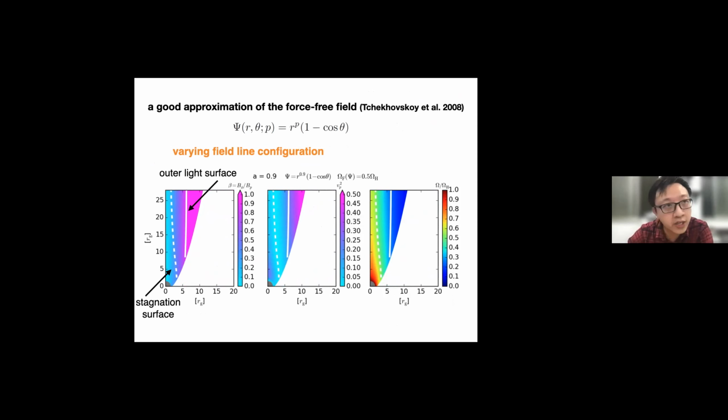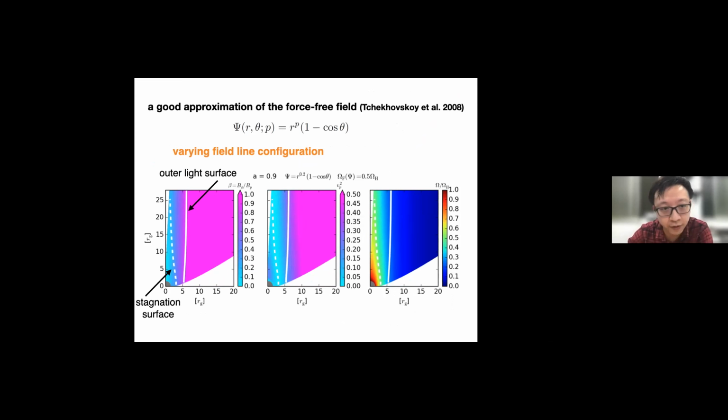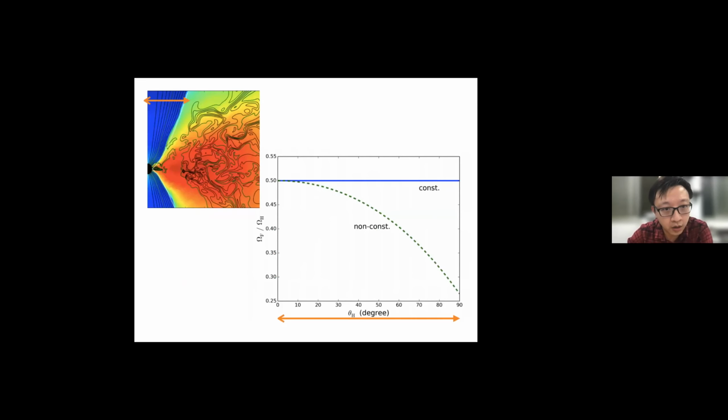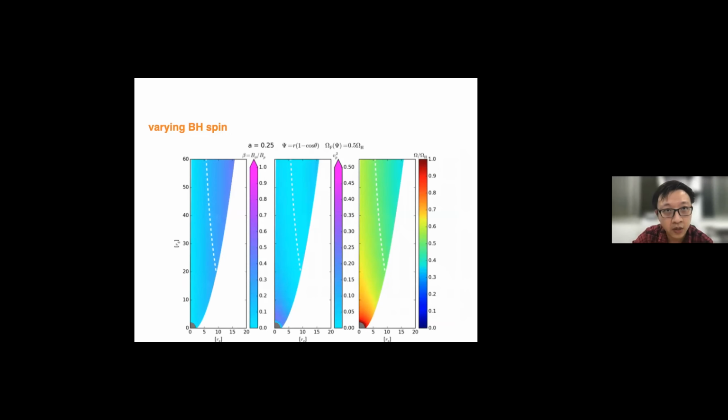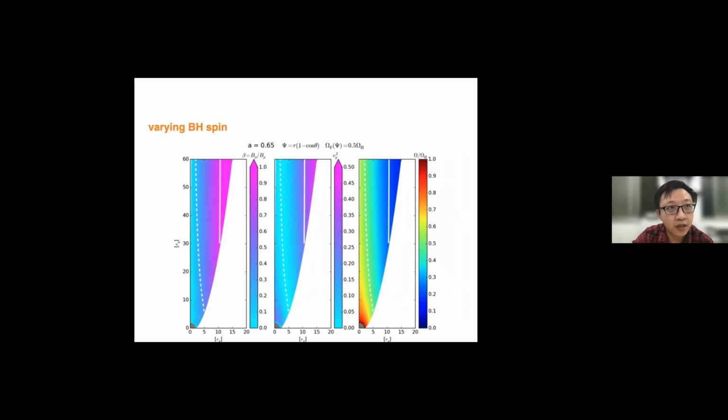All these snapshots can be computed in a few seconds. And we can also apply it to a parabolic field line, for example, and we can apply constant angular velocity or non-constant.